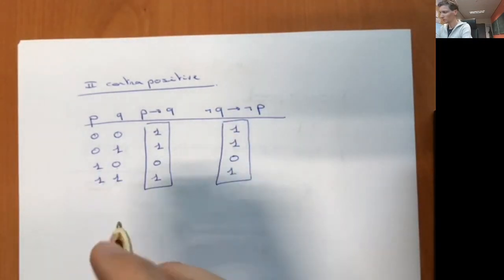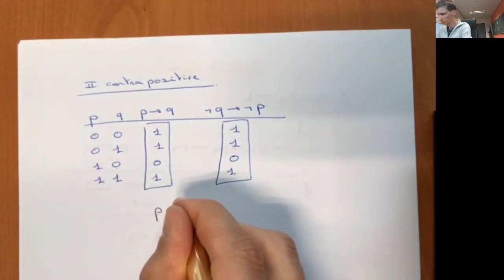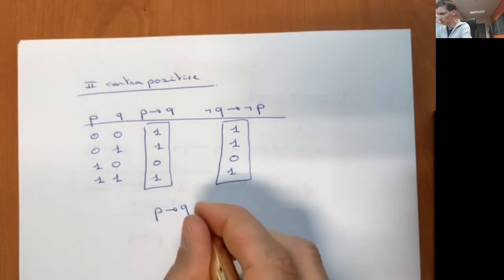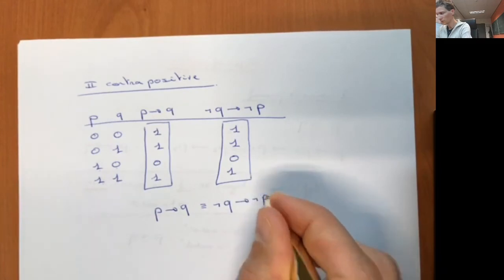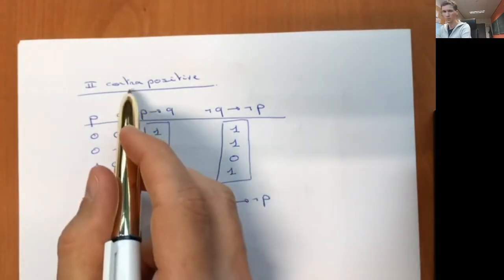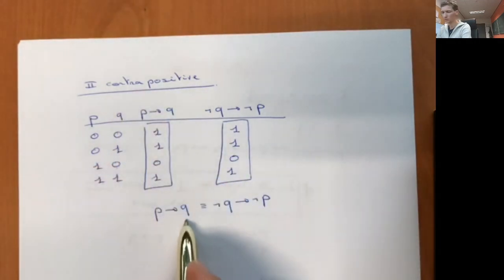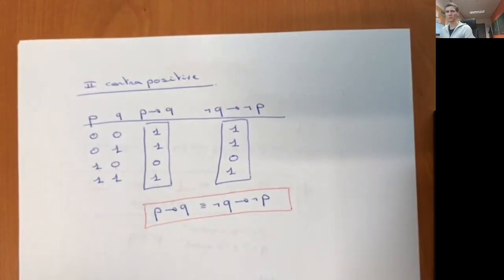So you have an important equivalence. Again, an important equivalence of implication is that P implies Q is the same as negative Q implies negative P. And this negative Q implies negative P is called the contrapositive of P implies Q. So this is also an important equivalence to remember.